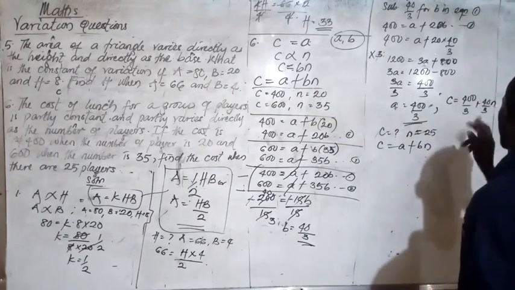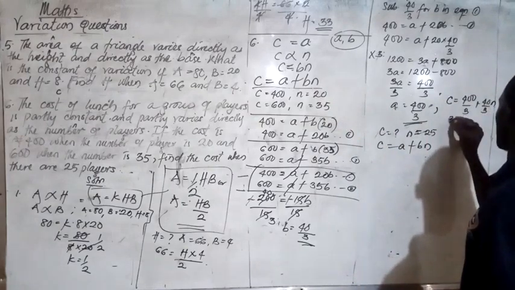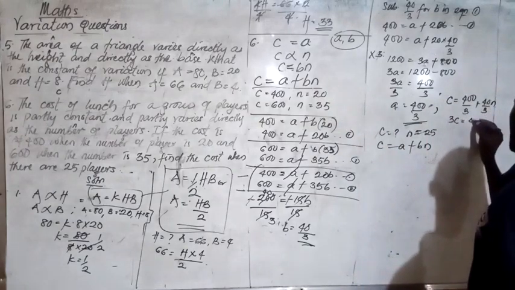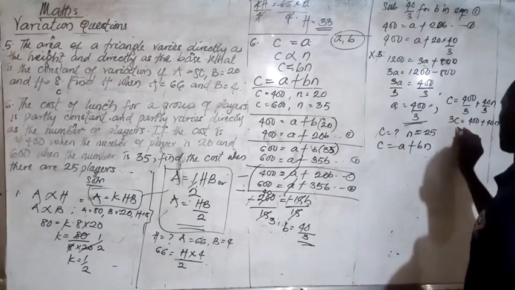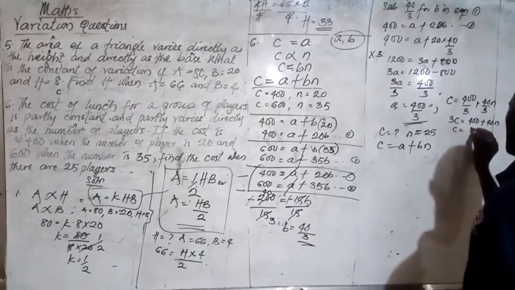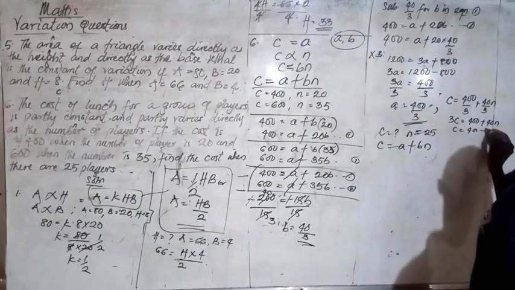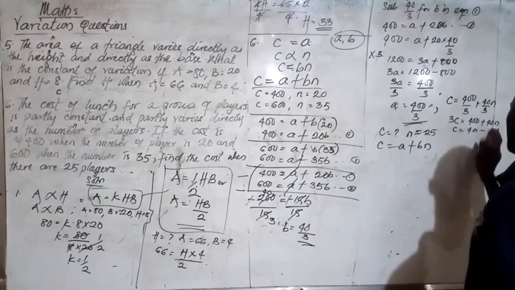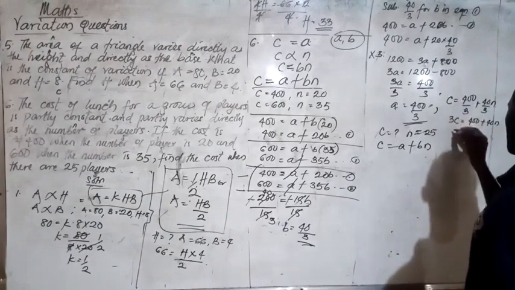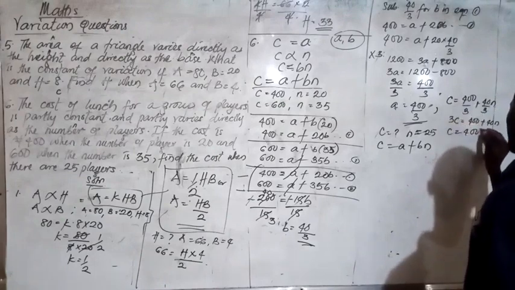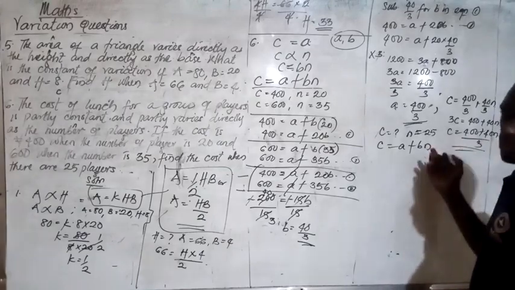So we can multiply through by 3, so that we have 3C is equal to 400 plus 40n, so that C would definitely be equal to 400 plus 40n over 3. It is the same.